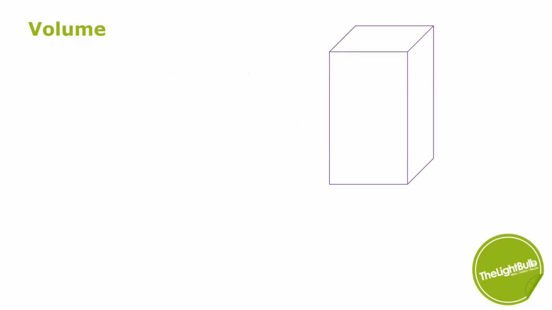This is a cuboid shape, and the formula for it is length times width times height. So it's very similar to a rectangle, which is just the first two of those, length times width. But because it's now a three-dimensional object, and we've got the height factor as well, we just bring that into the formula and multiply each by each other. So length times width times height.